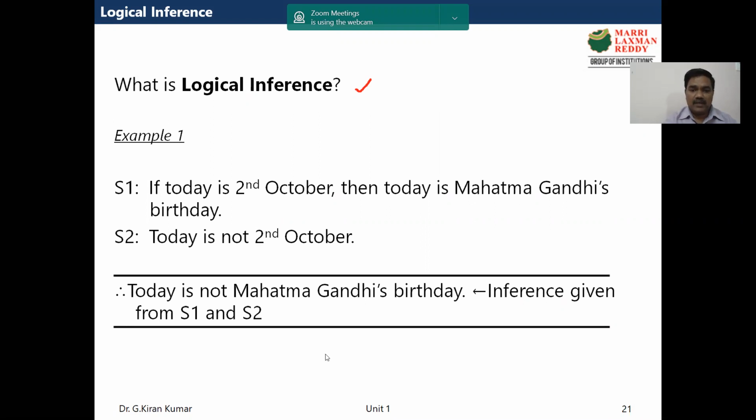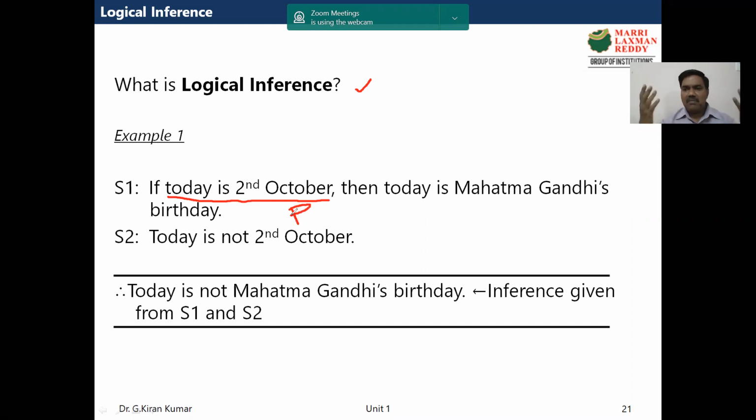Now, how do I convert these English statements to propositional functions? It's very simple. I assume today is 2nd October as some proposition P. Of course, we can take any name, either P, or you can take A, B, C, or X, Y, Z, anything. Here I'm taking today is 2nd October as proposition P. Then another proposition I have is today is Mahatma Gandhi's birthday.